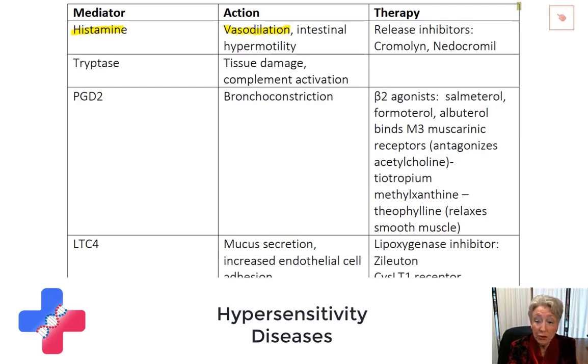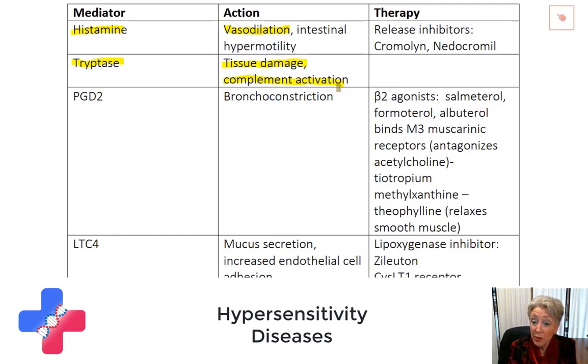So histamine, of course, is the major cause of vasodilation and intestinal hypermotility. We deal with it by inhibiting release. Tryptase is a common released material that causes a tremendous amount of tissue damage and complement activation, and is a major player in asthma and damage in the lung.